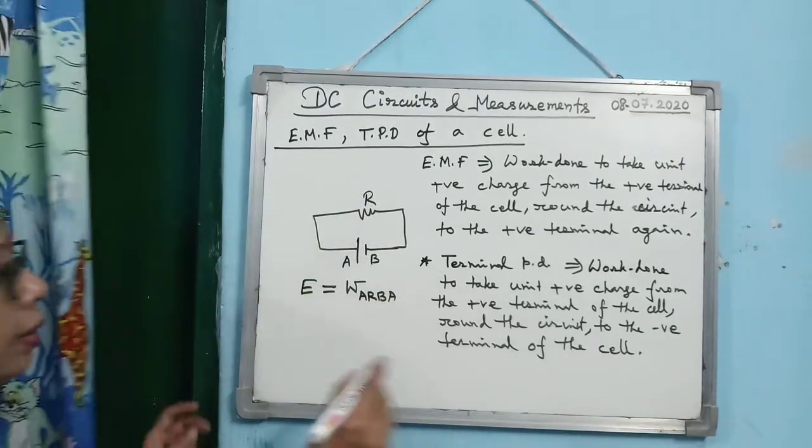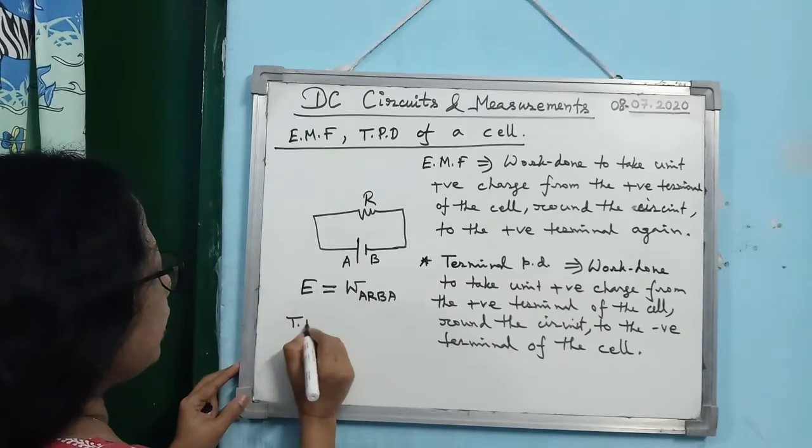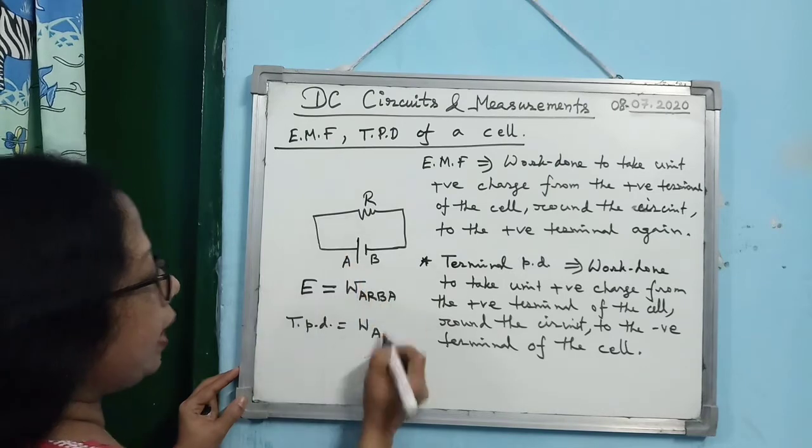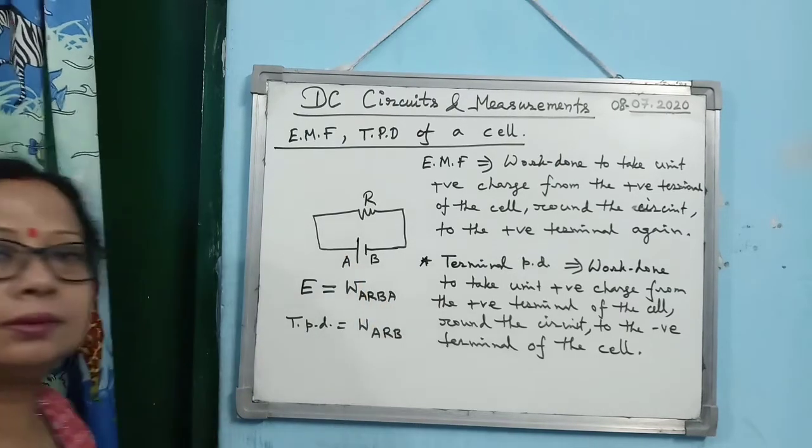Means you can write terminal PD is nothing but the work done to take the charge from A via R to B. Is that clear?